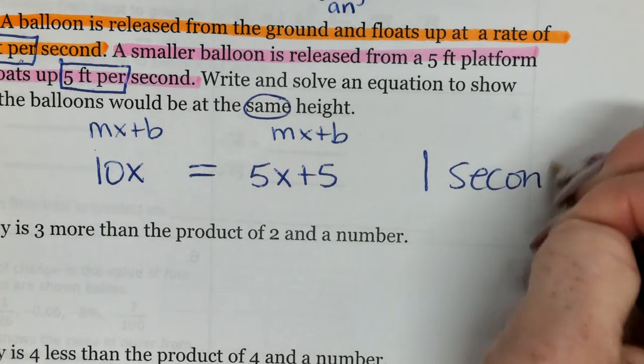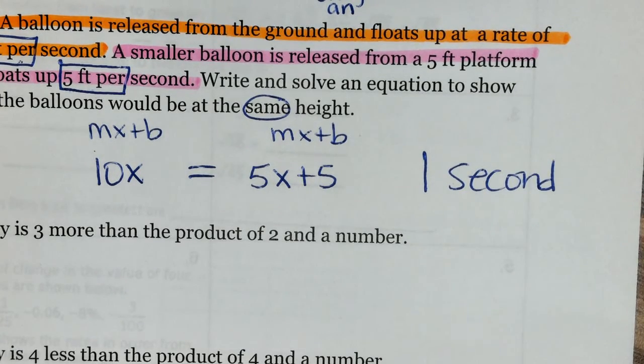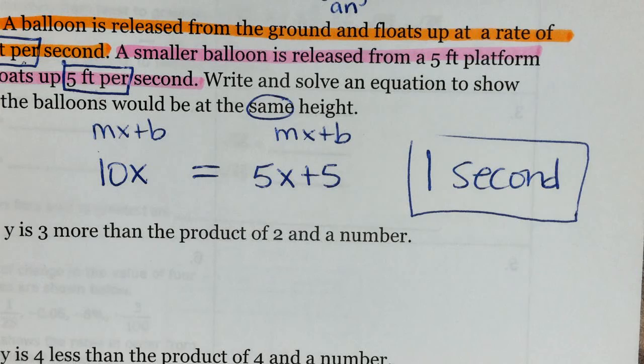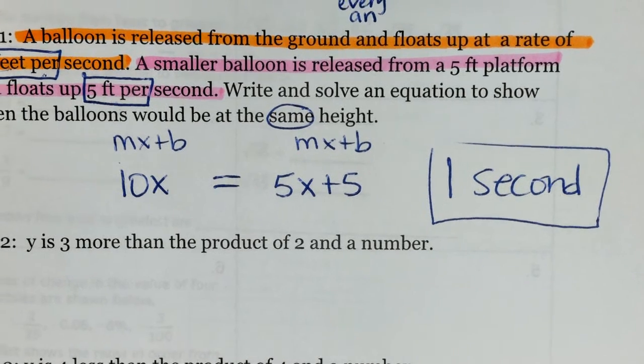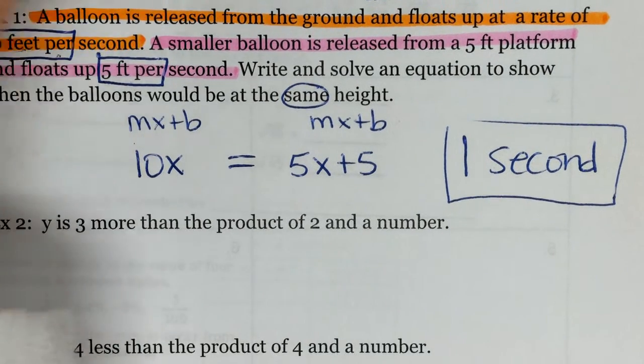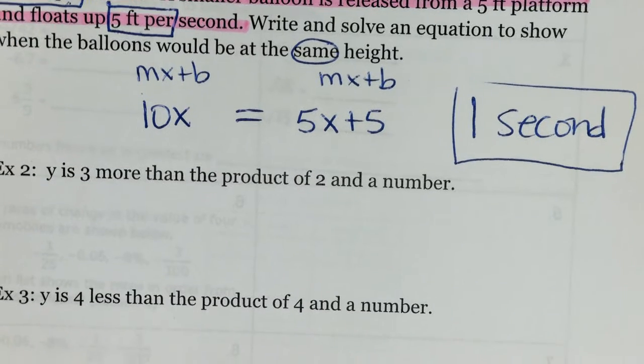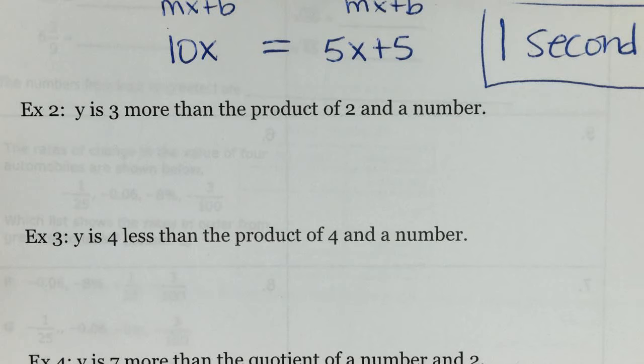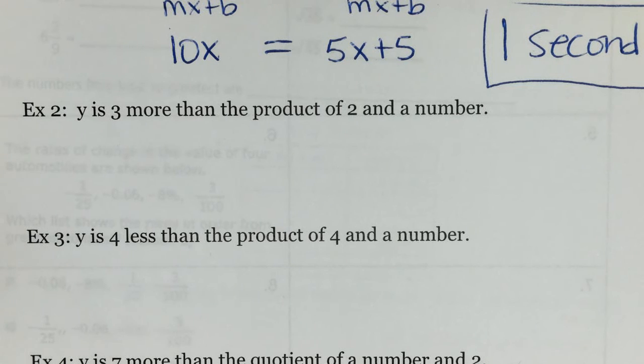At 1 second. Because that's what they're talking about is seconds, right? So that other one caught that first balloon real fast, and then it's going to pass it and be way higher in the air. Okay, the rest of them are just going to be written as a y equals. You can't solve them.